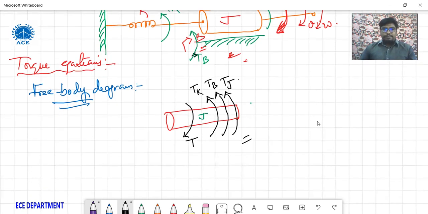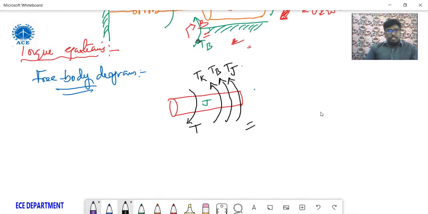So let us write the torque equation by D'Alembert's principle.